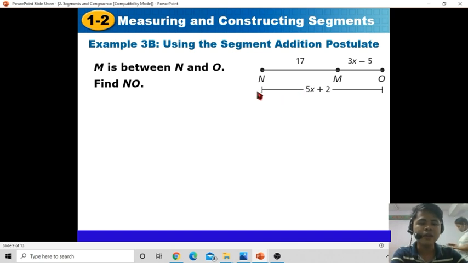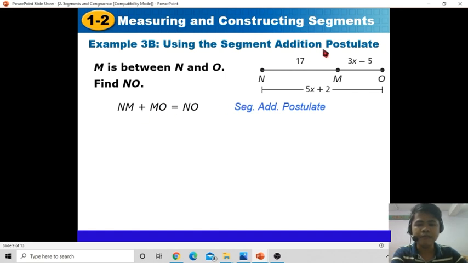Kasi dito, ang given value ng NO is 5x plus 2. Walang exact value. If for us to know the exact value of NO, kailangan nating hanapin yung value ng x. Okay, to do that, we will use the segment addition postulate.